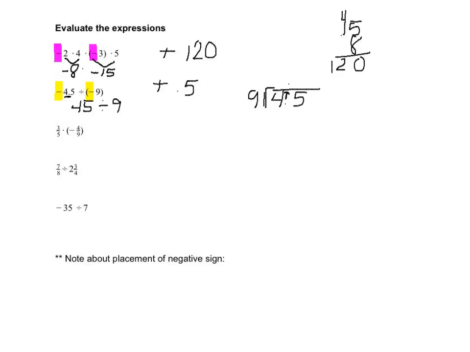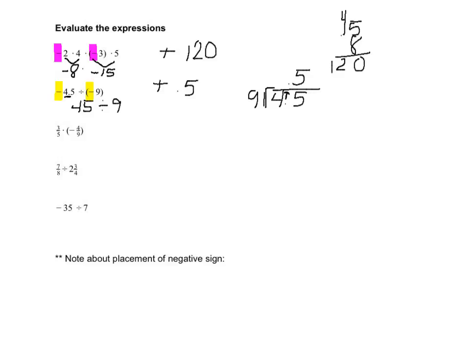Our decimal points go straight up into the answer, but because I can ignore it temporarily, 9 we know goes into 45 5 times, and then you can see where you get the 0.5 from. Again, if you need additional refreshers on dividing or even multiplying with decimals, make sure you check out the supporting videos on the other investigations.